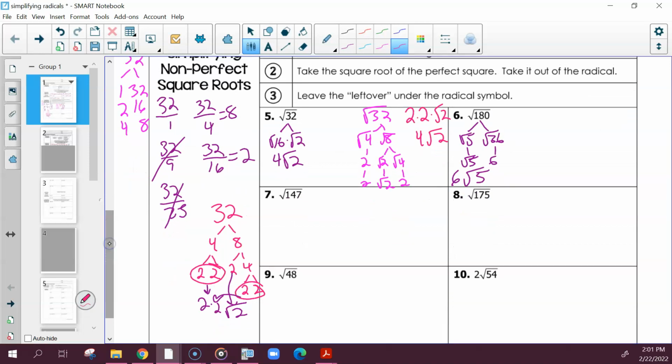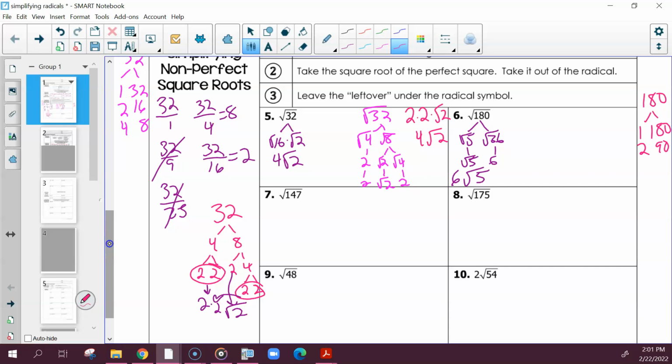If we were breaking it down, we would need to have some factors of 180. So 1 and 180, 2 and 90. The bigger these numbers are, the more factors you're going to have.